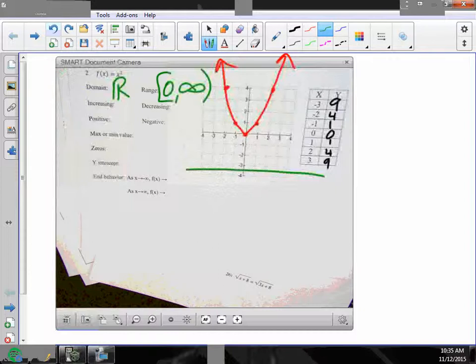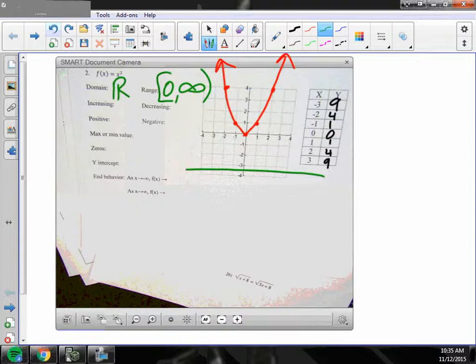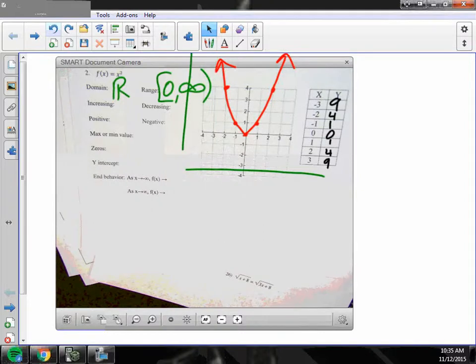Okay? So when is this graph going up? So if we go back to here and we travel from left to right, so essentially you're driving a car on that graph. Is the graph going up or down right now? Down, down.